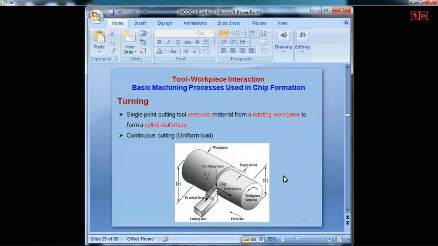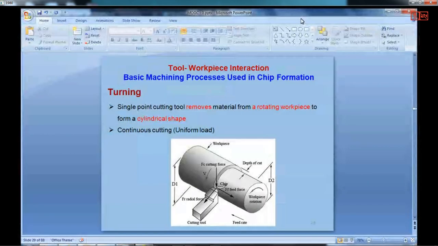There are various aspects of the turning process. Some of these are mentioned here. You need to remember these points. One is the workpiece. What we have here is the workpiece and the cutting tool. Then we have the rotation of the workpiece, which will be rotating in this direction.